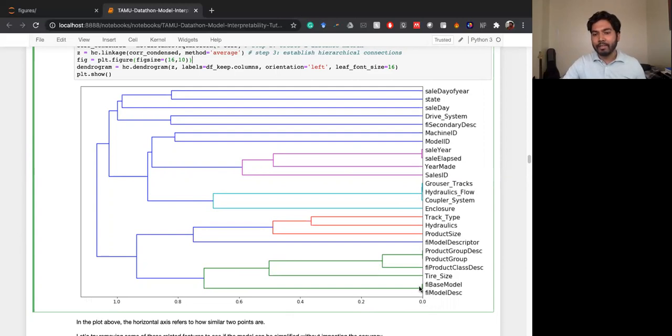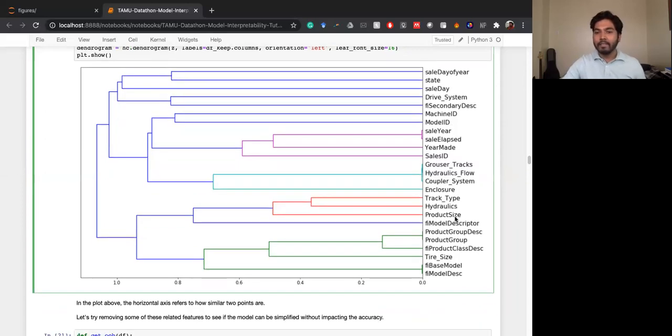You can see values like FI base model, FI model desc. These are very similar features. Then there are other features like sale year and sale elapsed, and some features like coupler system, hydraulics flow, and browser tracks. These features are very much related.